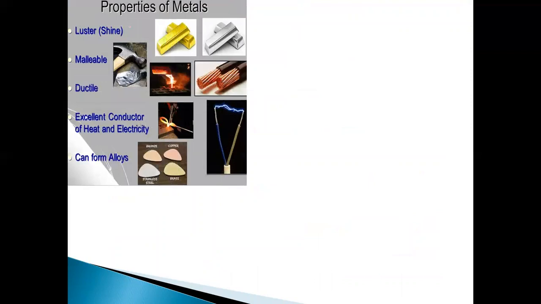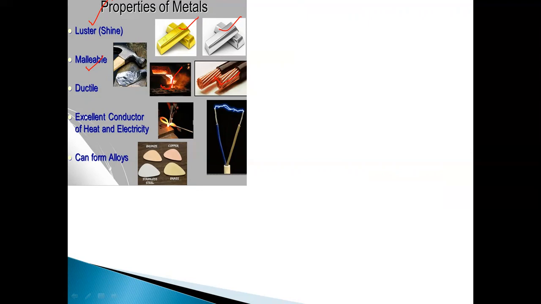If we see here, there are some properties of metals as we have seen before. They have luster, meaning they are shiny like gold and silver. Copper, look, it's also shiny. They are malleable, like we can transform them into different plates like this by beating or pressing them. They have high melting and boiling points, due to which they can become liquid and gas.